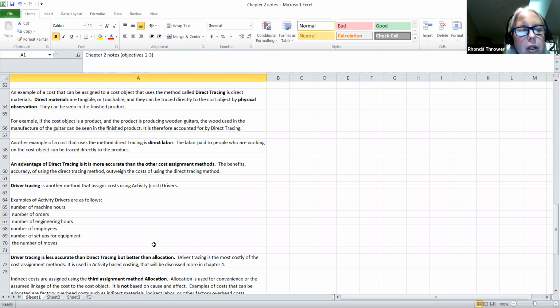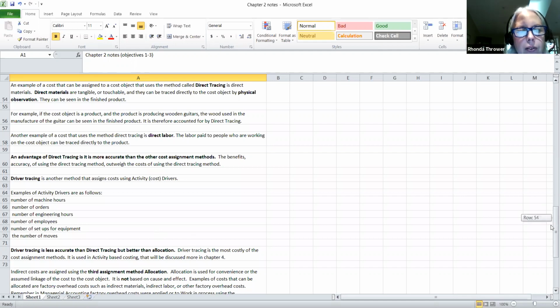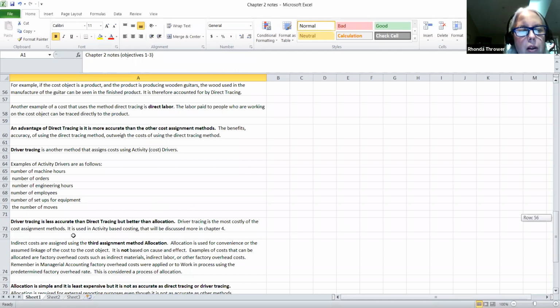It's a little bit harder to do, and so you're going to have to really think about it when you are doing driver tracing through activity-based costing, which we're going to be talking about more in chapter 4.